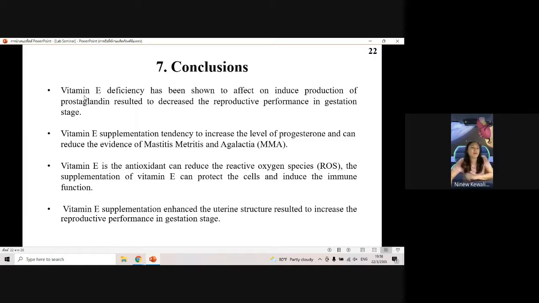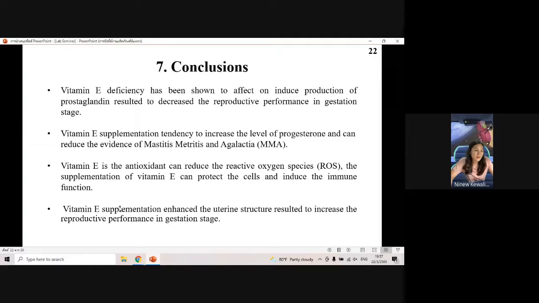Here, if there is a deficiency of the vitamin, it has the effect of producing more prostaglandin and decreasing the reproductive performance.